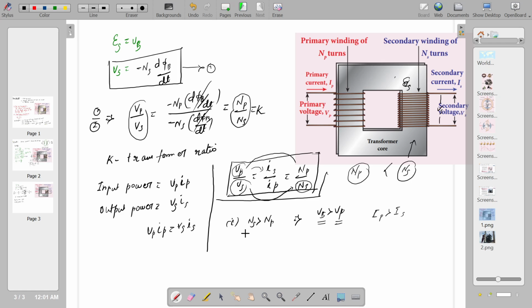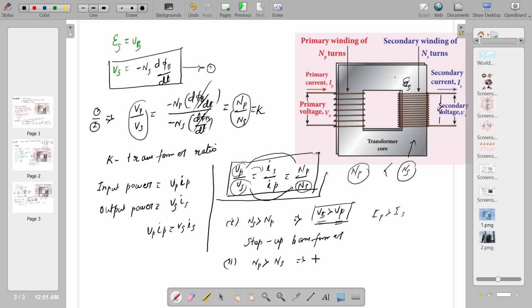In this case, because the voltage is higher in the secondary, with the secondary coil having higher voltage compared to the primary coil, we call this kind of transformer a step up transformer. Case 2: suppose the primary turns are greater than the secondary turns.